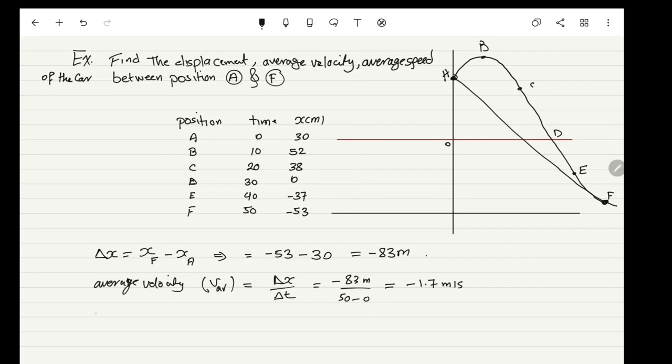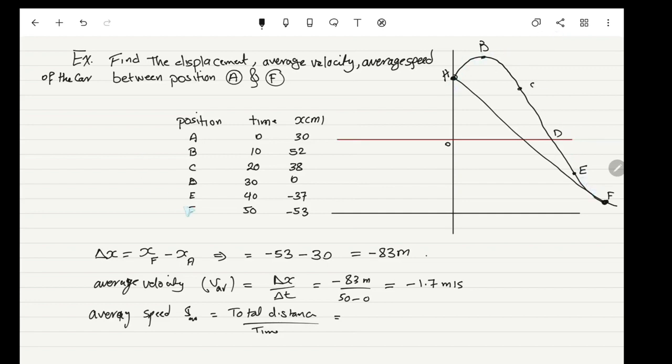Now to calculate the average speed, we need to know that average speed equal to total distance over time. Total distance, we actually cannot calculate from this diagram.